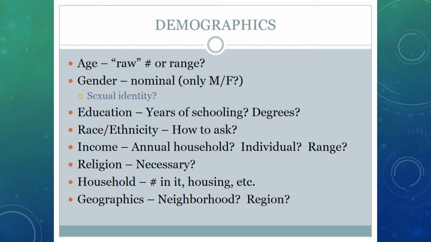Household can mean different things. Do you want to get some sort of a reading of the makeup of the household? So is it a single parent family, etc.? Are you instead looking at how many people besides yourself, or including yourself, depending on how you want to word the question, how many people are in your household? Are you interested in, through this category, the type of housing?